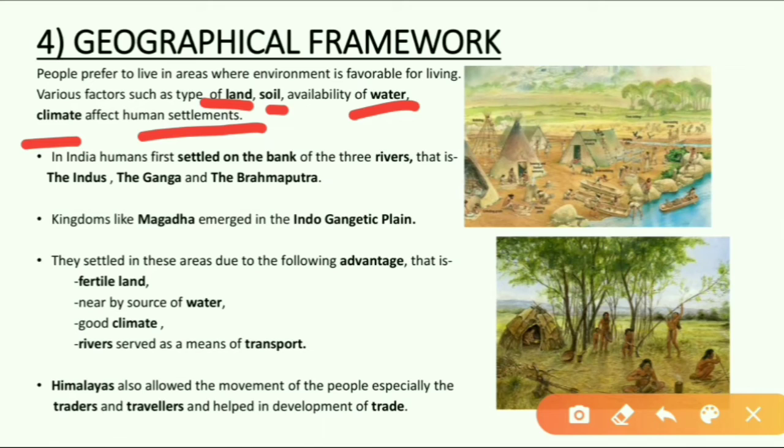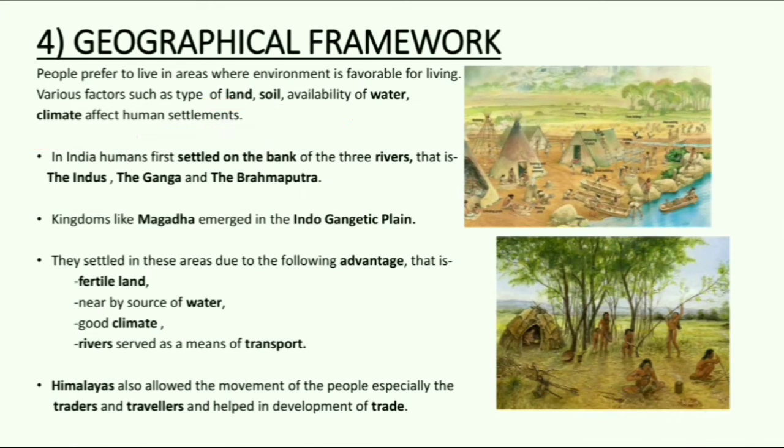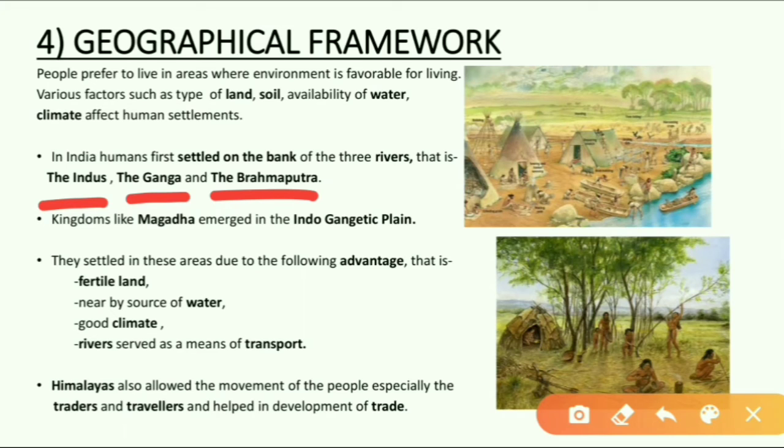Now, coming to the second point, in India, humans first settled on the banks of three rivers, that is, the Indus River, the Ganga River, and the Brahmaputra River. The Indus River is the largest river of Asia.